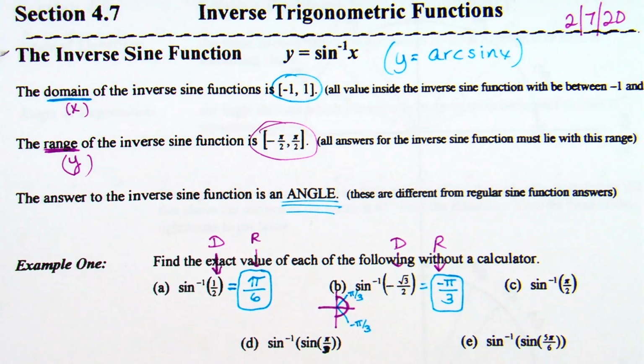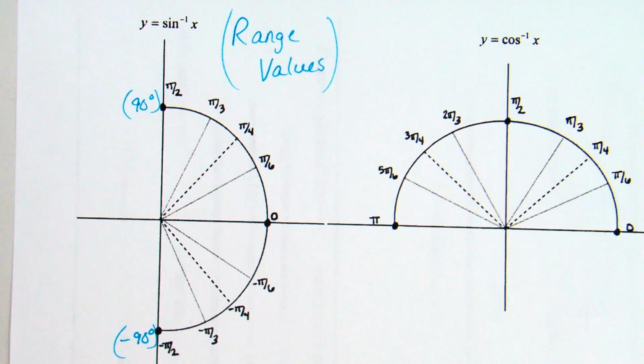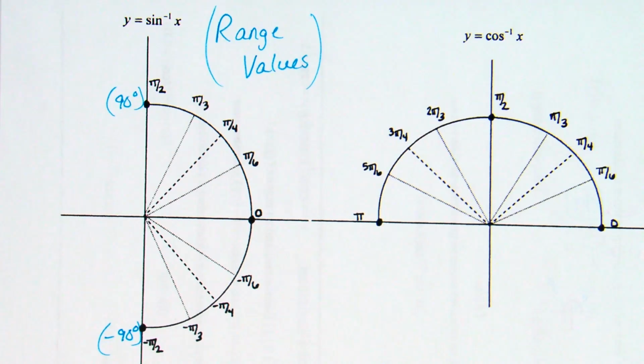Real quick, I'm going to flip you to the back side of your notes. And on the back side of your notes, there are 3 half circles. Okay? I'm only talking about the first one right now, which is sine inverse. And what it is, this is a picture representation of our range values.